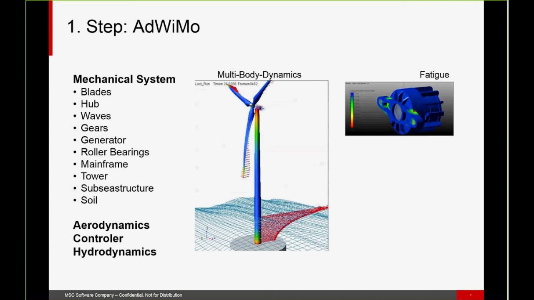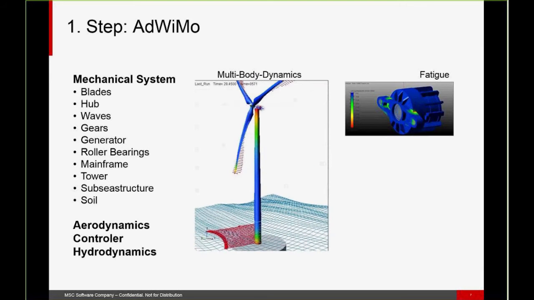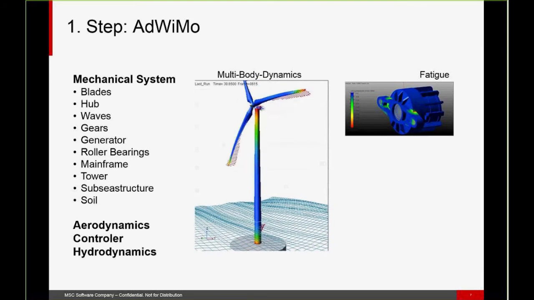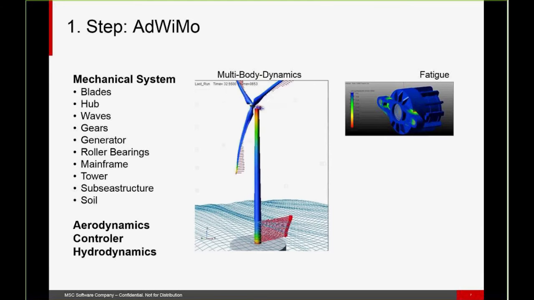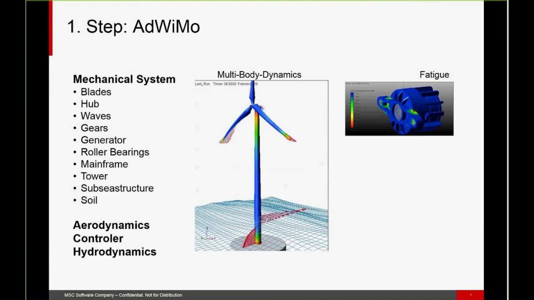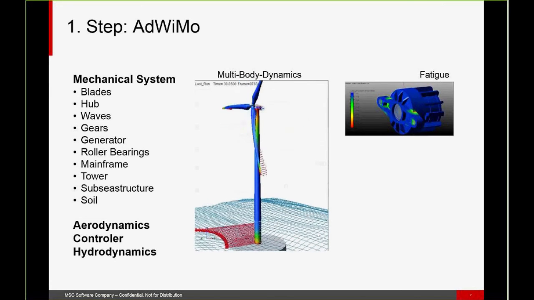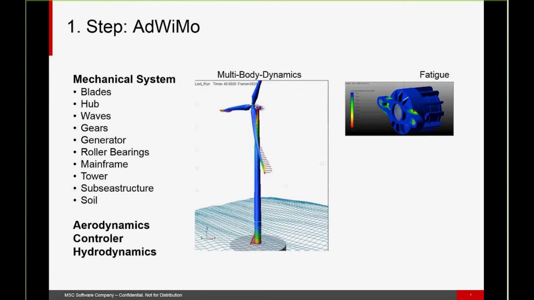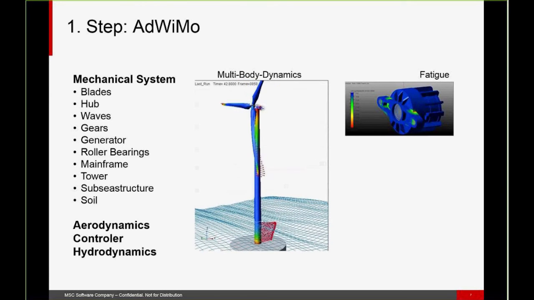Also, the subsequent simulation of the fatigue solver is parameterized in a way that is stable and accurate at the same time. So it takes a little bit more time because it's a pre-processing seen from this point of view, but it doesn't take time for the user as it is done automatically.